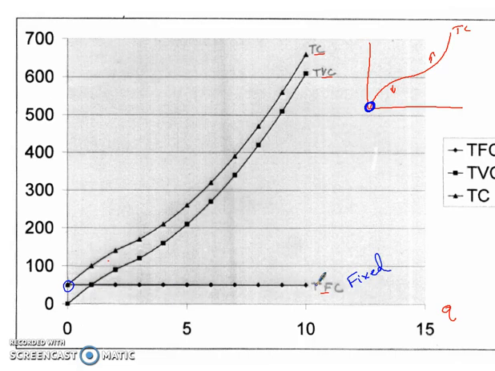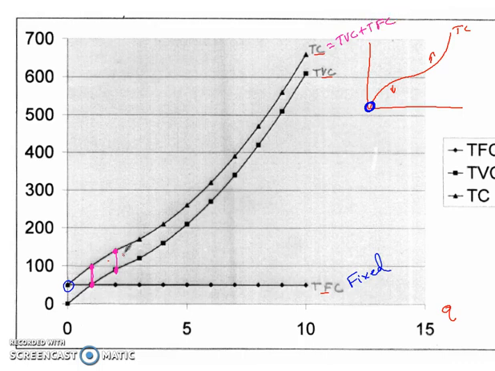Now, right in between the total cost and total variable cost, this distance in between is going to be the fixed costs. Because remember, the total costs are equal to the total variable costs plus the total fixed costs.